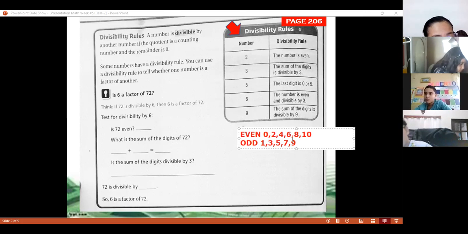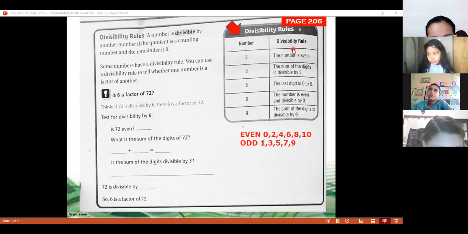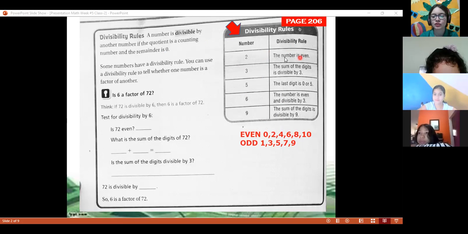Those are odd numbers. So even numbers, we say that they are divisible by 2. Like 4, you can divide 4 by 2 and get remainder 0, right? What is 4 divided by 2? If you have 4 and you divide it into 2, it's 2, right?